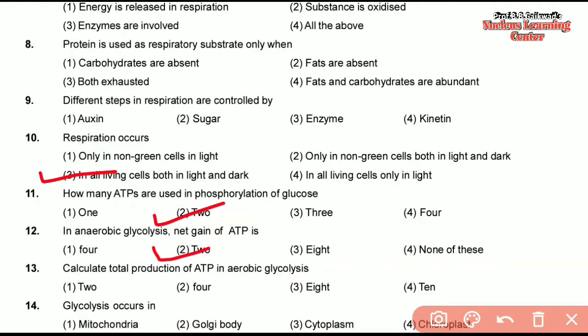Next question: calculate the total production of ATP in aerobic glycolysis. The total calculation is asked for aerobic respiration, in aerobic glycolysis. So in aerobic glycolysis, the total ATP gain is 10 ATP molecules.